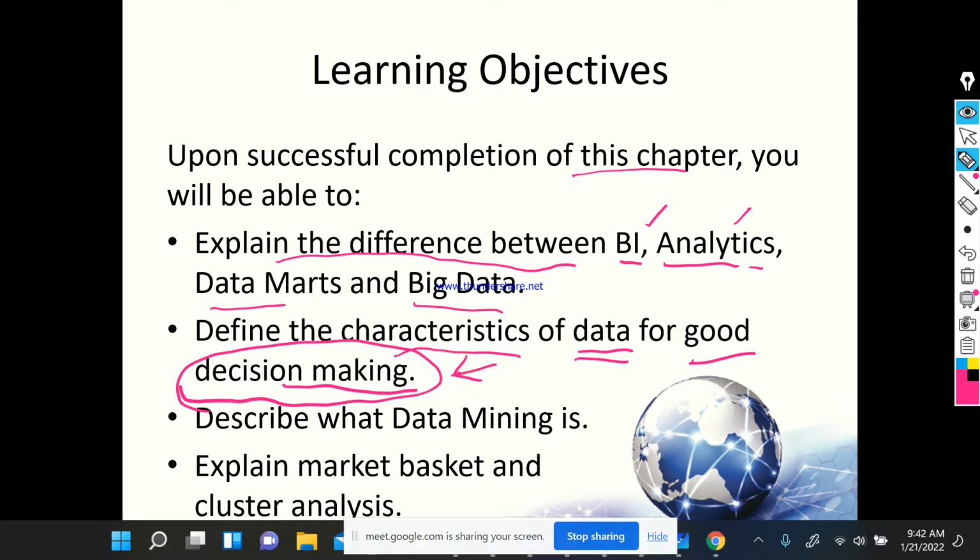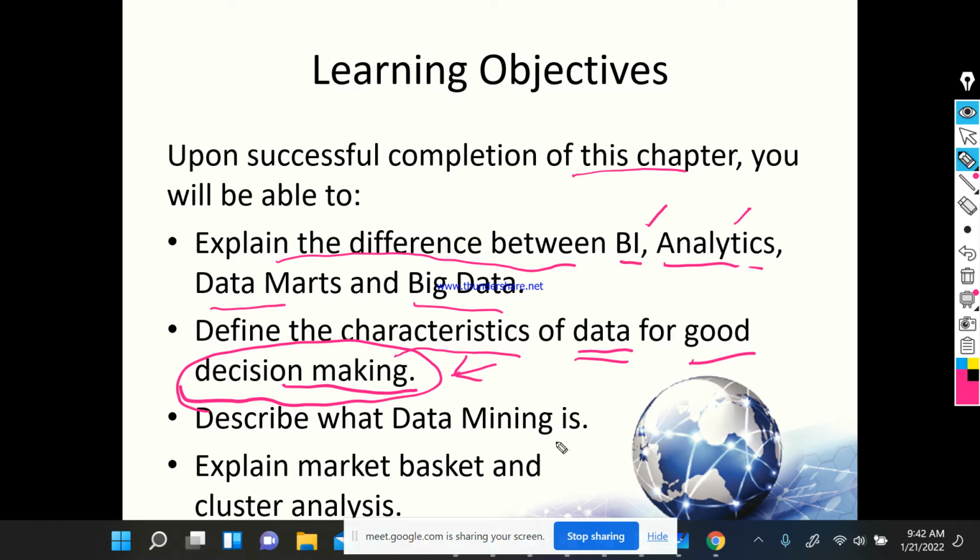If the characteristics of your data are not predetermined, then your decision is kind of a wild decision, may not be very correct, and in some cases it may be a disaster. So characteristics of data for good decision making is very, very important.